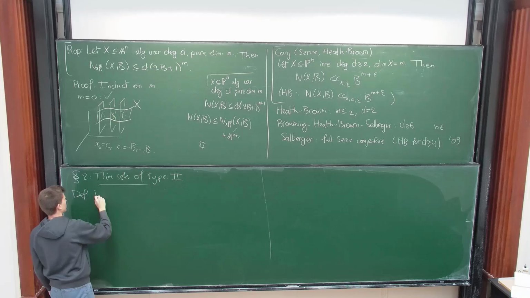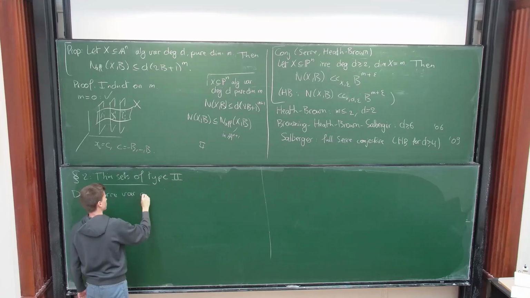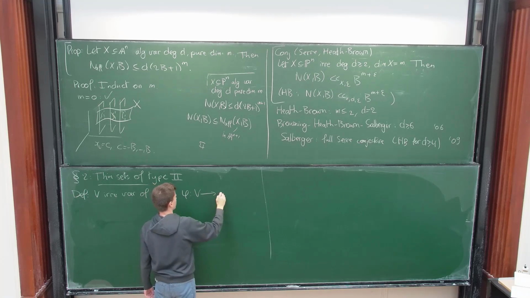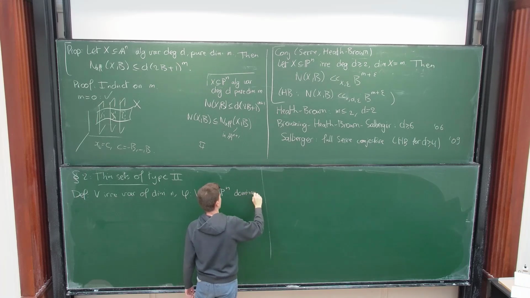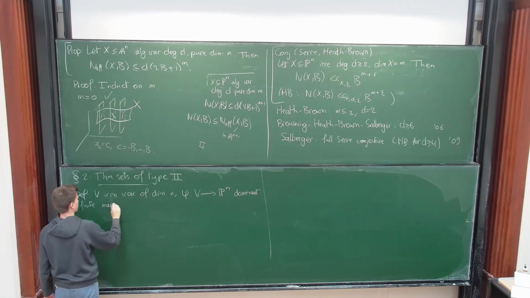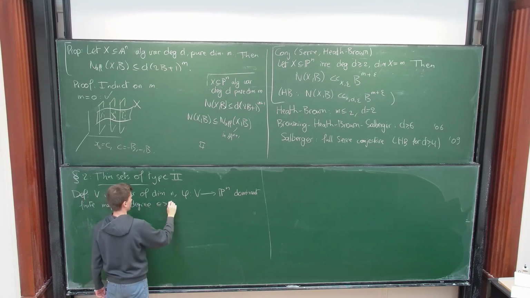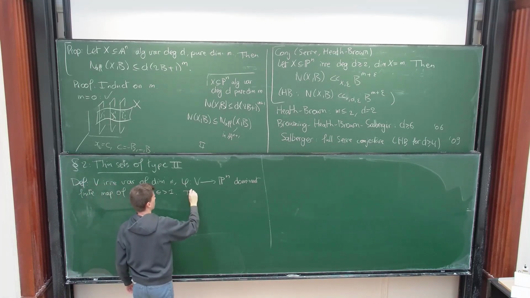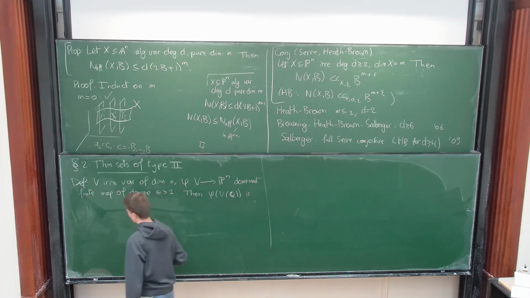Let V be some irreducible variety of dimension n, and phi a dominant finite map of degree at least 2. Then the image of the rational points is called a thin set of type 2.